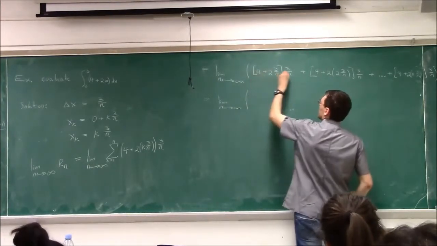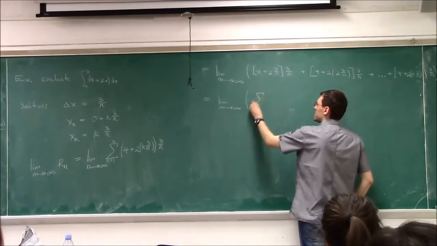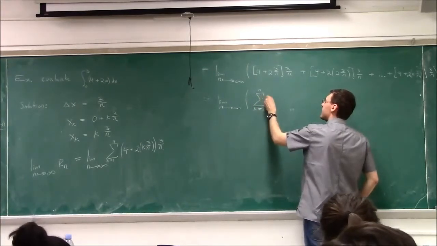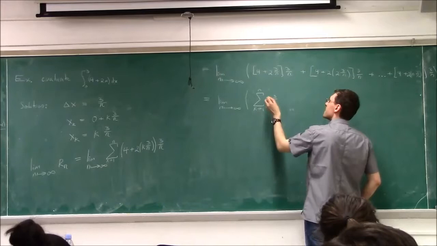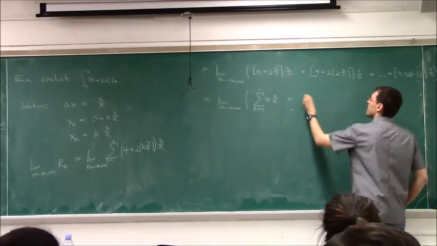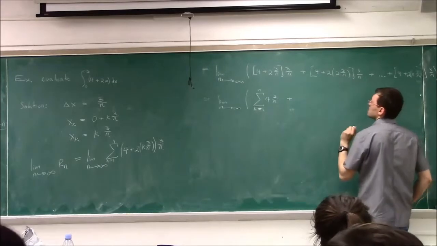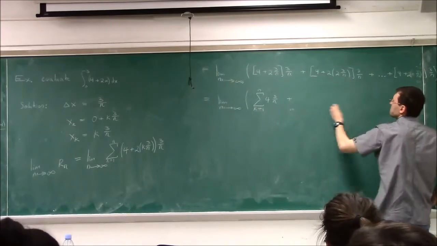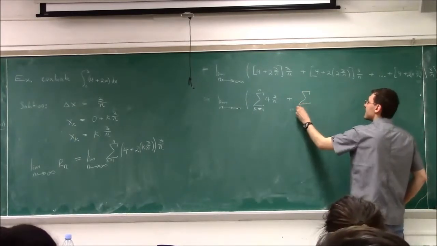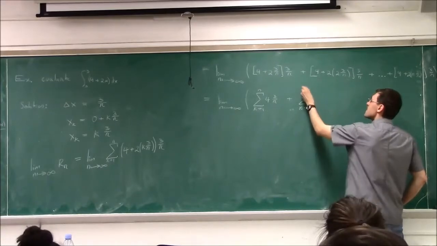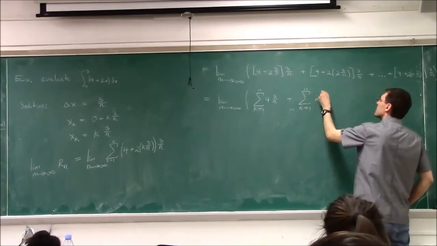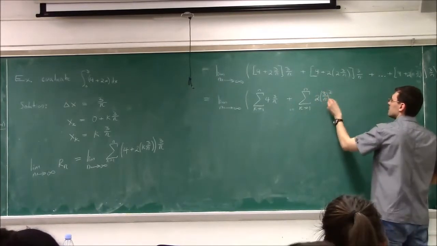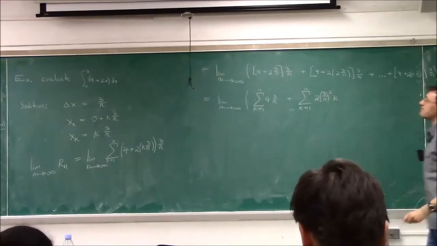So that would be the summation k=1 to n of 4 times 3 over n, plus I can factor out 2 times 3 over n times 3 over n squared, and then times k.